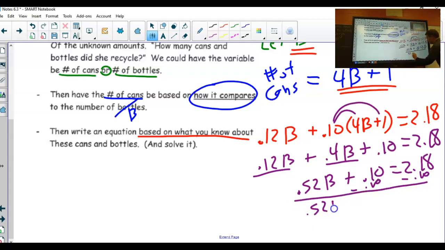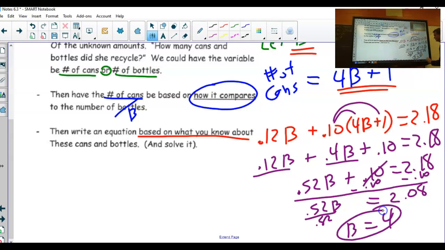and get 0.52b equals 2.08. And then I would divide by the 0.52 and get b equals 4. So, b is the number of bottles. Number of bottles equals 4.